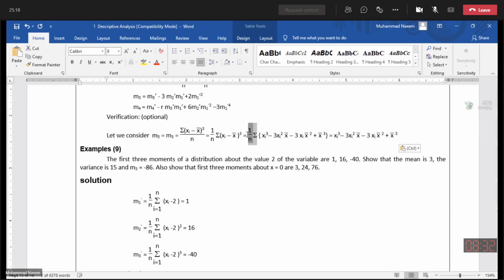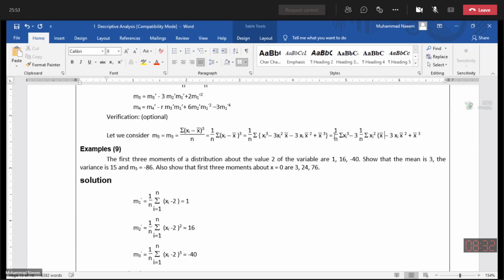Now let me multiply each term with this factor. We need to apply sigma and dividing by n. This one and also this one. 3 is constant, so 3 comes outside and the rest of the expression is added without x bar.